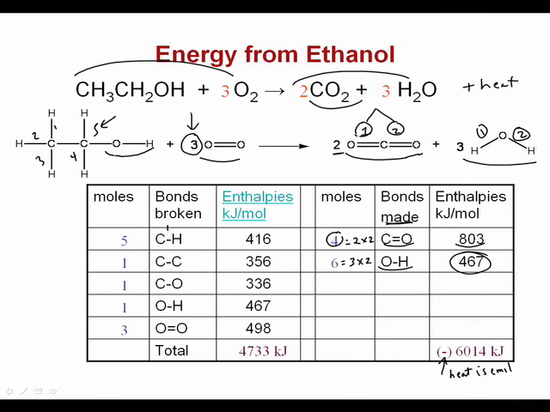Right? Very nice. Okay, this is how much must be absorbed to break these bonds. You always add heat to break them. You always give off heat when you form them. Great. Okay.